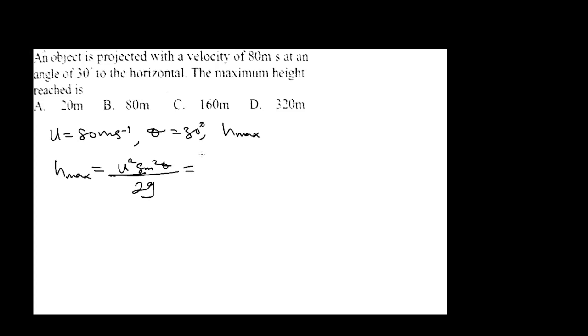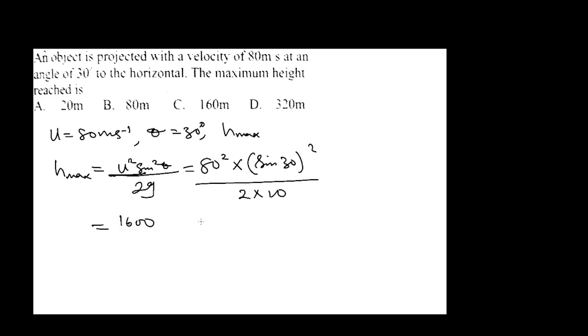So u square, what's our u? 80. So we have 80 square multiplied by sine square theta. What's our sine square theta? So we say into bracket sine 30 all square divided by 2 multiplied by 10. Am I making sense now? But if I have this, what's the next thing to look at? 80 square to give us 1600, if I'm not mistaken.